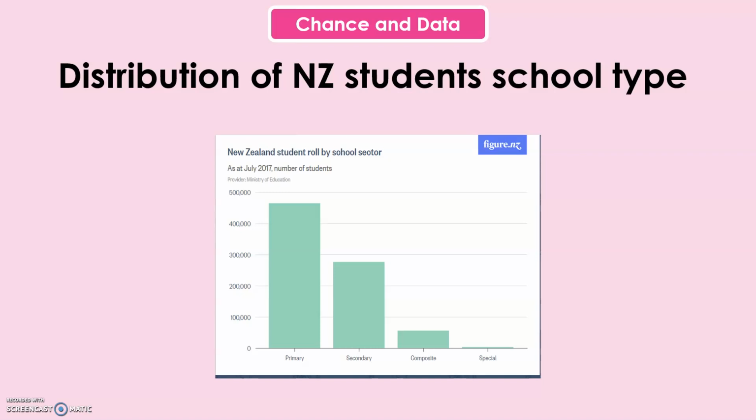So you can get a lot of information from distribution. You see quite clearly that primary schools are around about that 450,000. And that's much higher than secondary schools, which are about 290,000, which makes a lot of sense because in primary schools, generally they go up to year 8 or year 6, whereas in high schools we have only year 9 through to year 13.